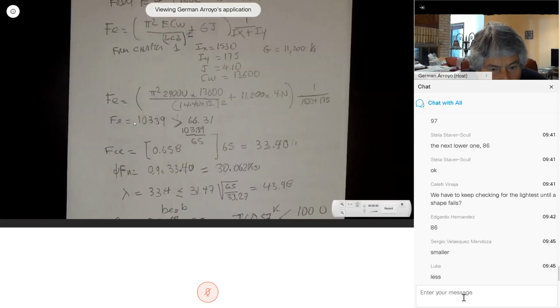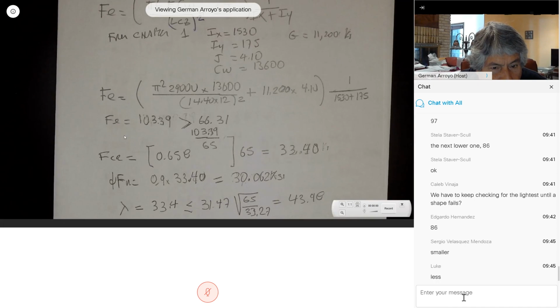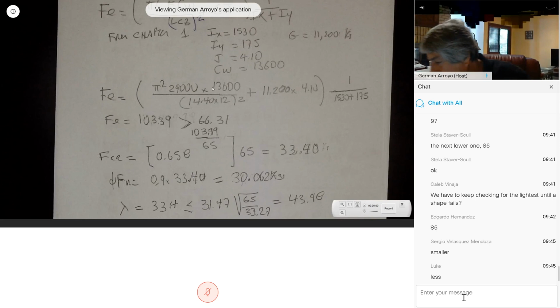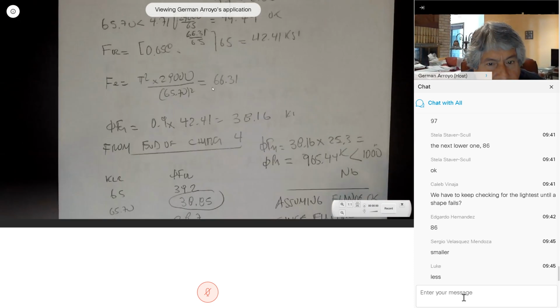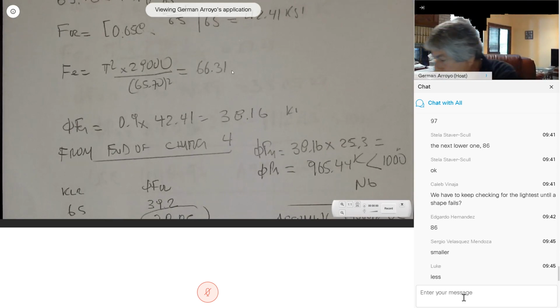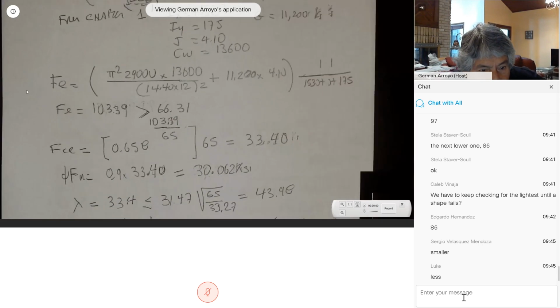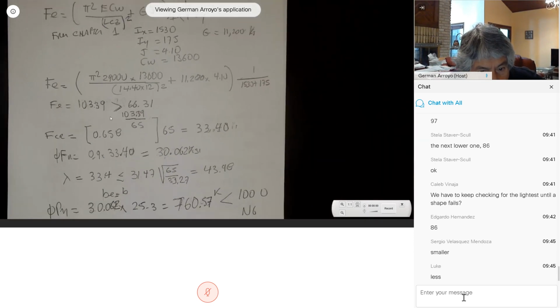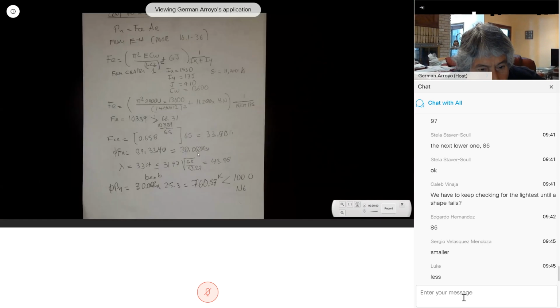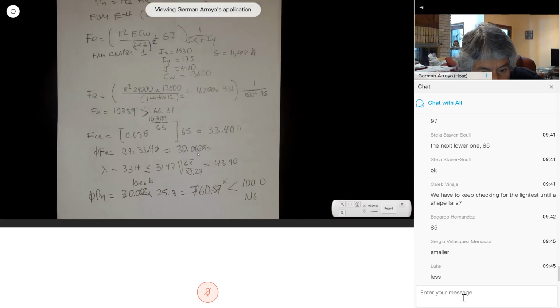So this Fe, 103.39 came larger than 66.31. This 66.31 is the Euler elastic that I computed before. So the code says that you have to use the larger, 103.39. I put in the same equation and it gave me as a critical, it's 30.06.